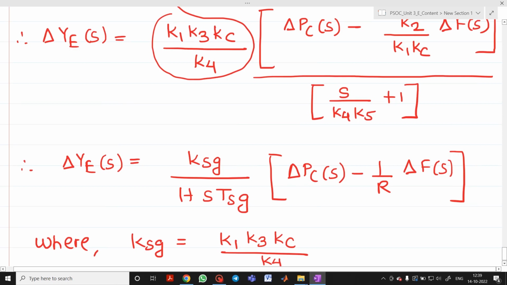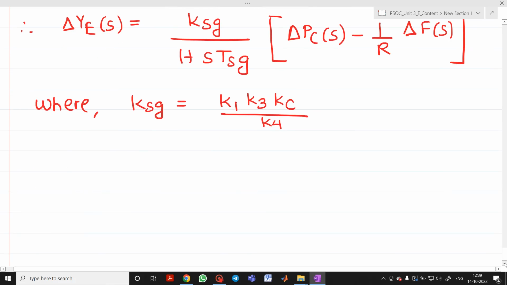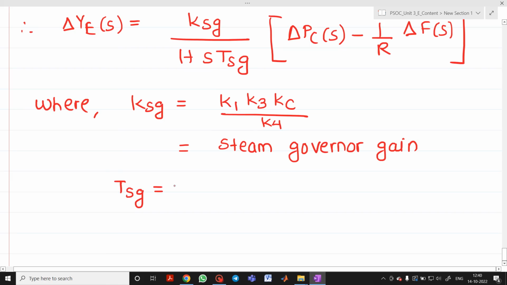This KSG is nothing but the steam governor gain.